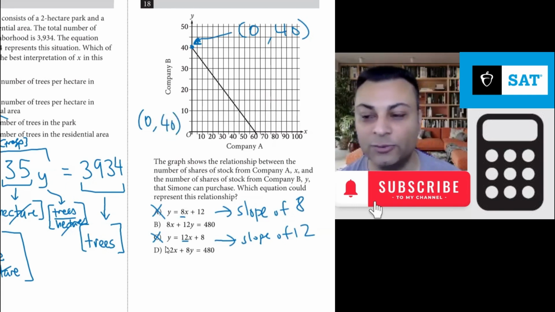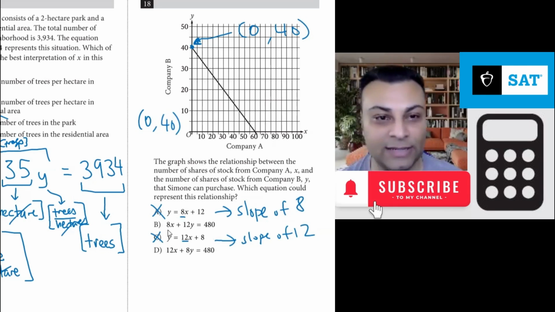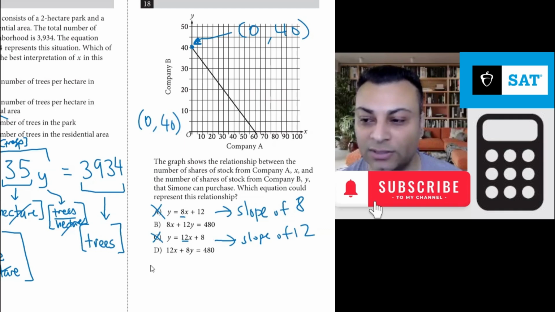So one of these will go through 0, 40, and one of them won't. Let's see what the other one looks like. So when I plug in 0 for x, I should get 40 for y. And I'll do B, so you can see 8 times 0 for x plus 12 times 40 for y. And you get 480. I'm just writing out the equation from B.